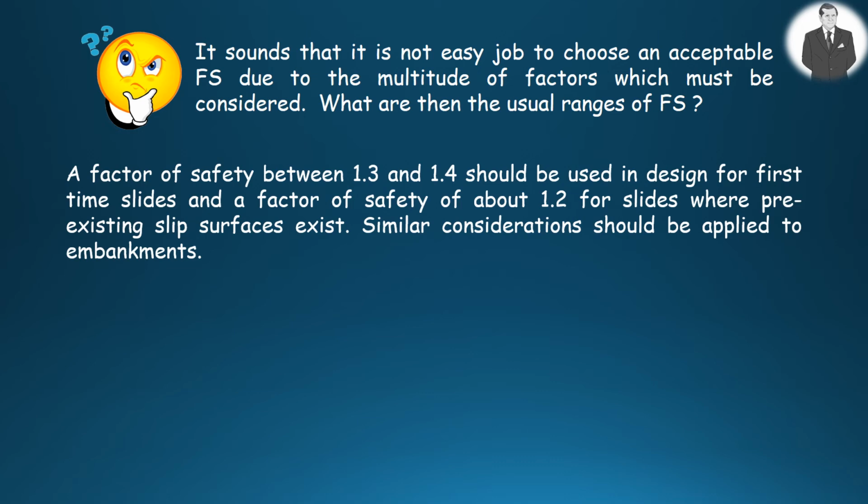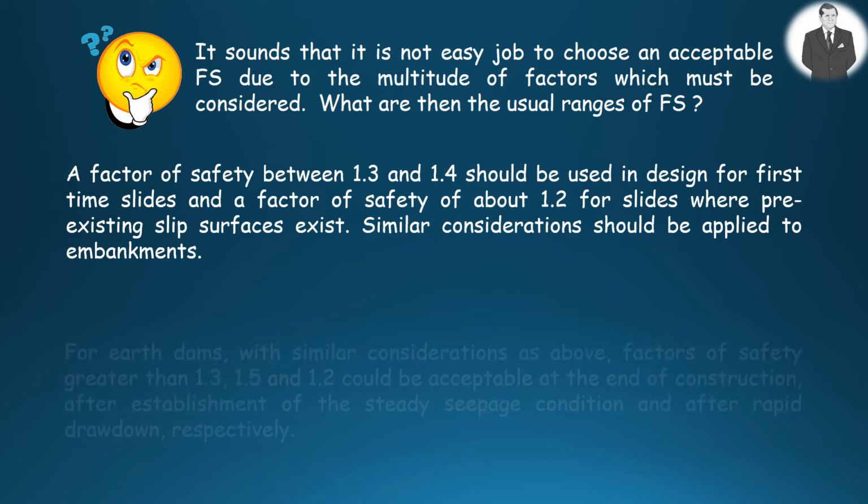A factor of safety between 1.3 and 1.4 ought to be used in design for first-time slides, and a factor of safety of about 1.2 for slides having pre-existing slip surfaces. Similar considerations should be applied to embankments as well.